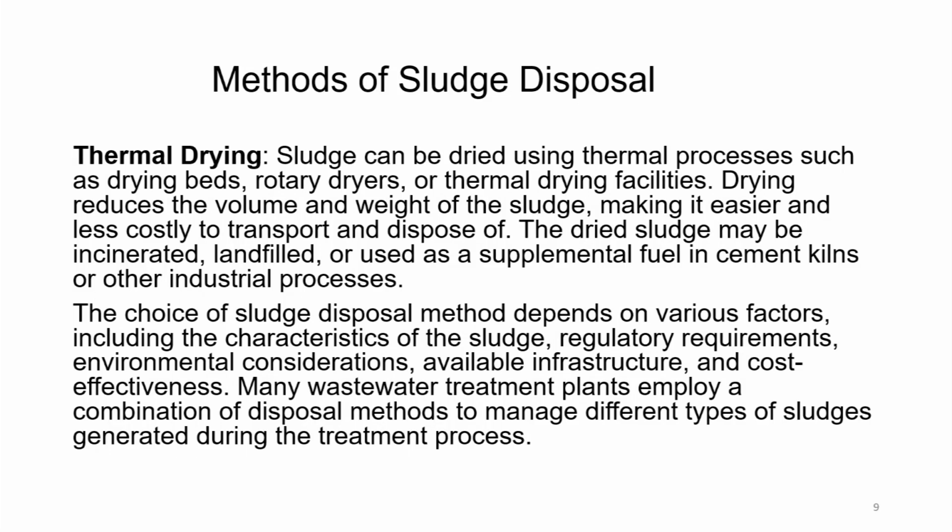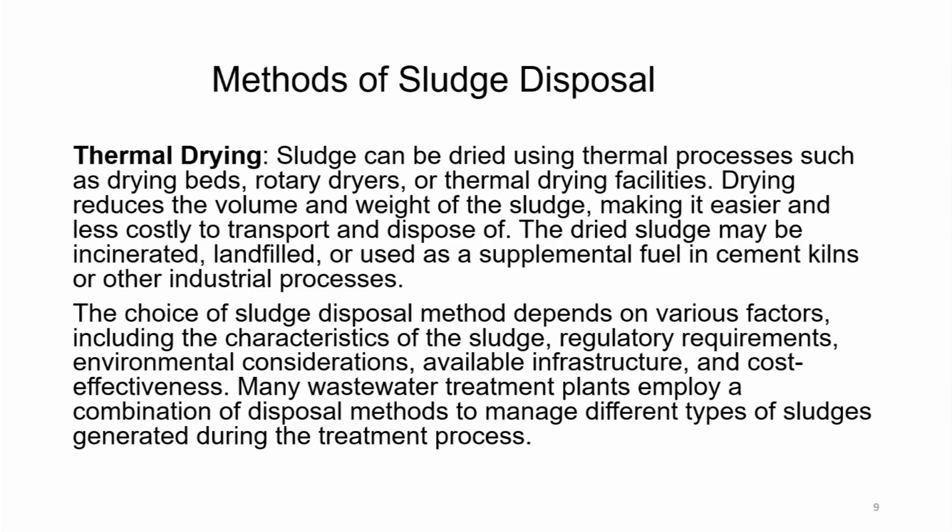The dried sludge may be incinerated, landfilled, or used as a supplemental fuel in the cement kiln or other industrial processes. The choice of the sludge disposal method depends on various factors, including the characteristic of sludge, regulatory requirements, environmental considerations, available infrastructure, and cost effectiveness.